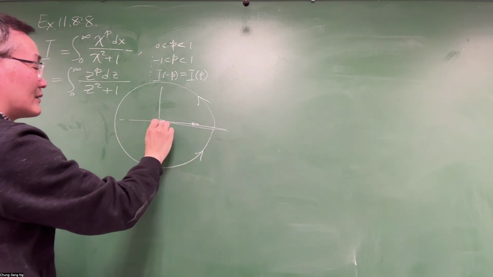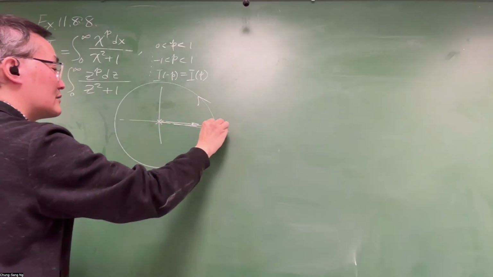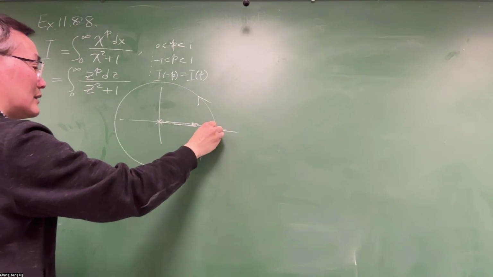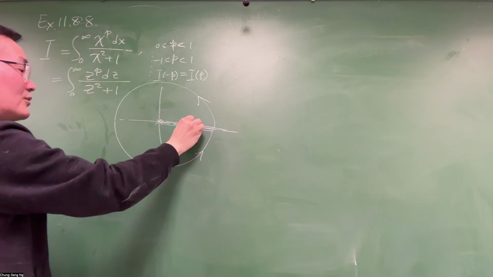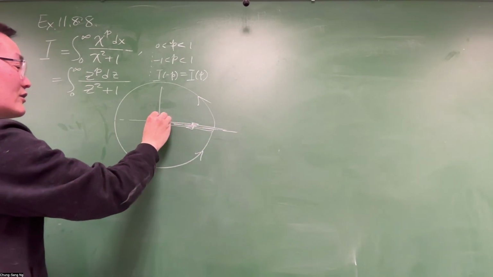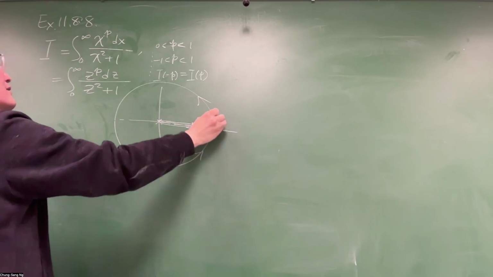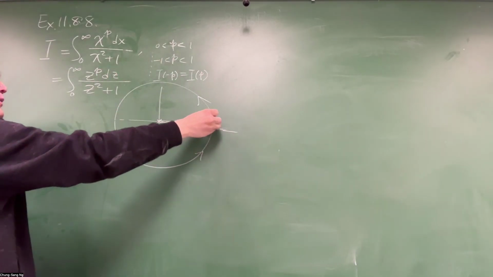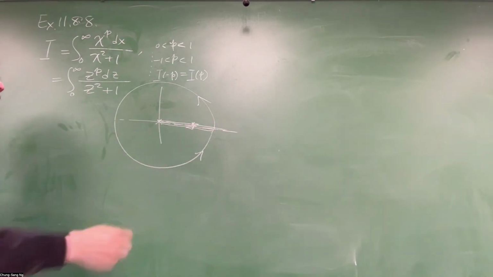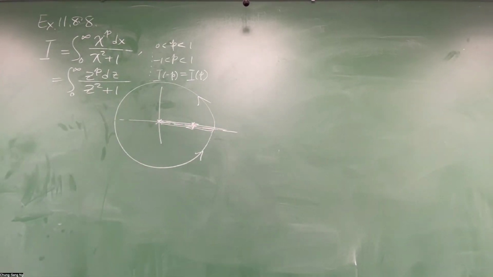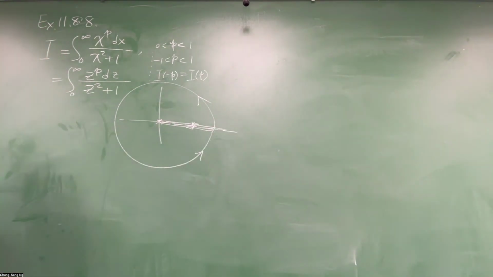So in this case, you want to make the branch cut along the real axis, and then go back to 0 just slightly below the branch cut. First integrate slightly above the branch cut along the real axis, go around 2 pi, and then go back to 0 a little bit below the branch cut.